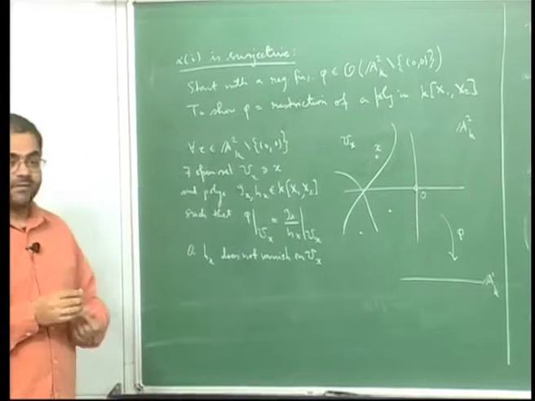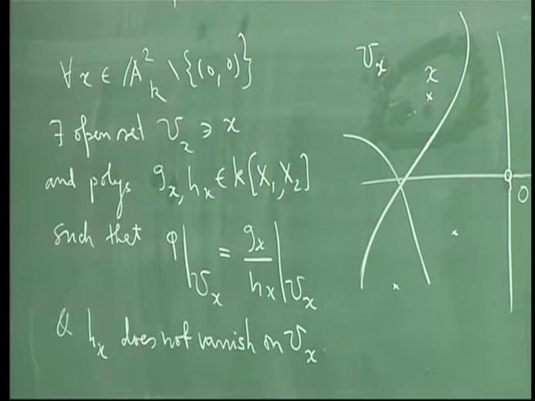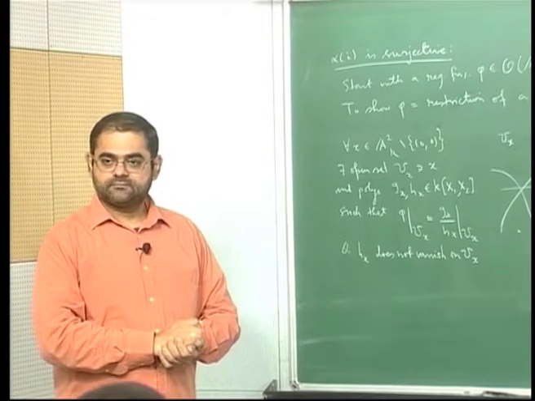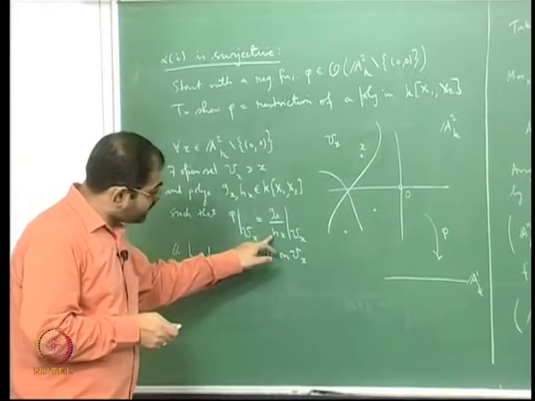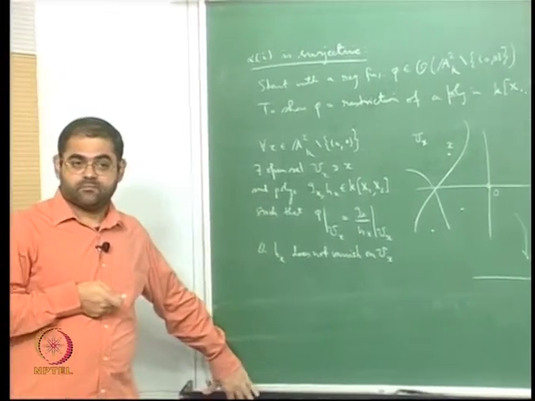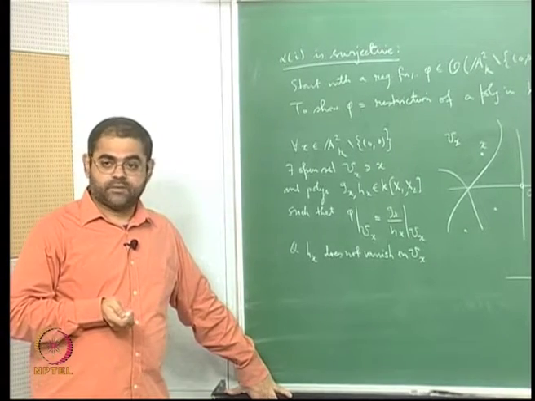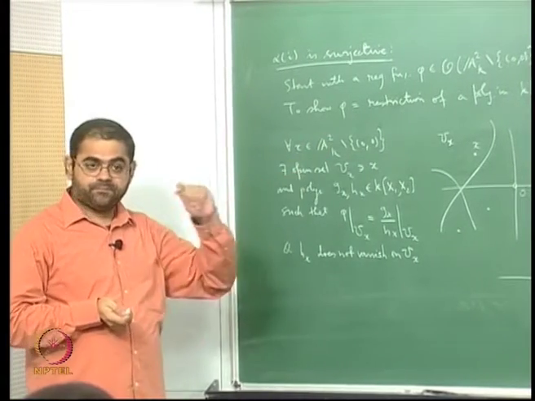This is the definition of what a regular function is. A regular function is something that is locally given by quotients of polynomials, and to make sense of the function defined by a quotient of polynomials, the denominator polynomial should not vanish because you can't divide by 0, okay. So this is what it means, alright.